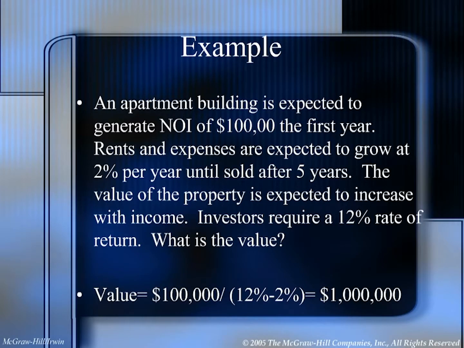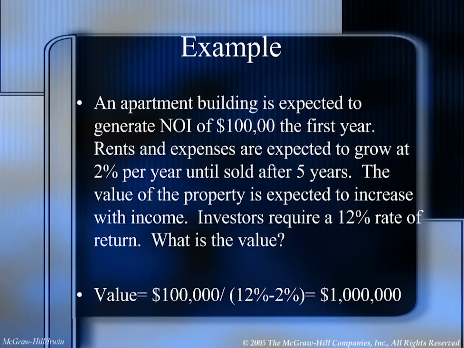If we look at an example of this, it is an apartment building expected to generate NOI of $100,000 the first year, and rent and expenses are expected to grow at 2% until it's sold after 5 years. The property is expected to increase with income, and investors require a 12% return.